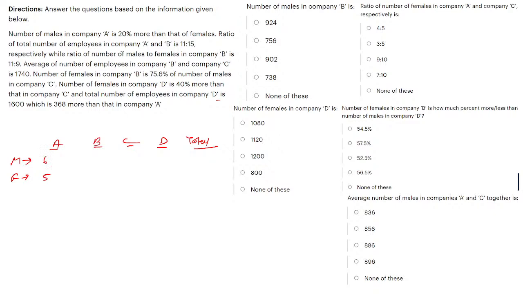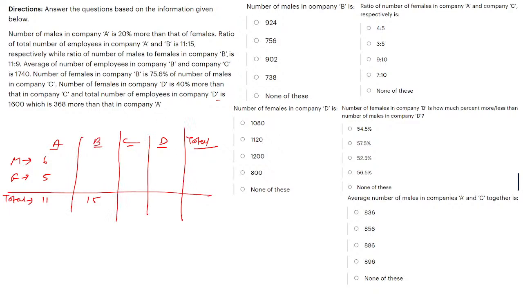Now ratio of the total number of employees in company A and B, so yes, here is the total, which is here 11, right? And this is here 15, right? While the ratio of male to female in company B is 11 to 9, that means 9 here, and this is 11, male to female, right?